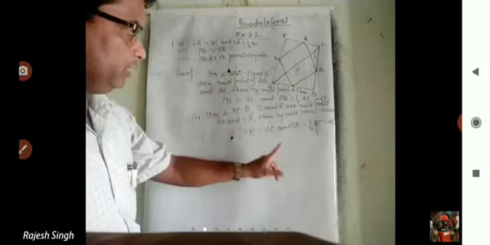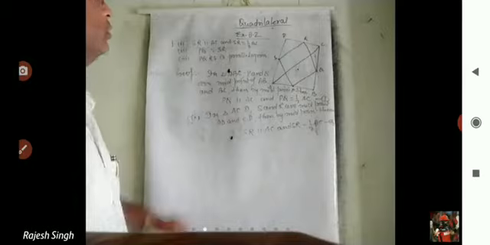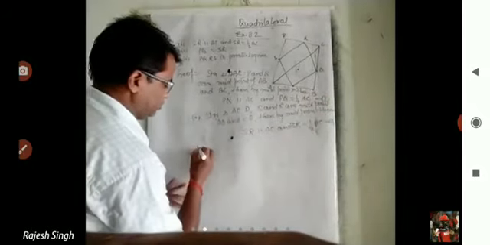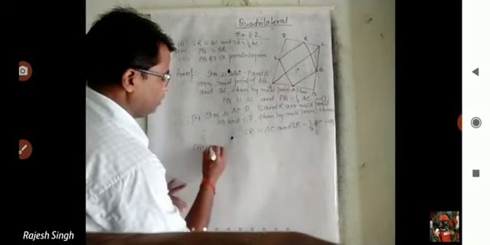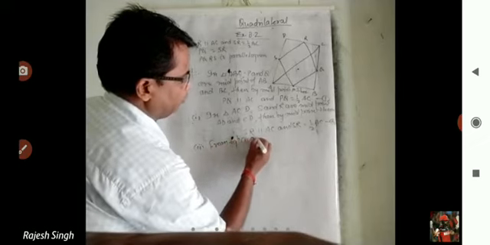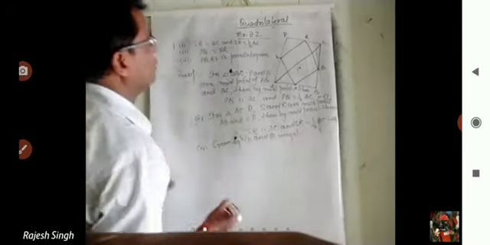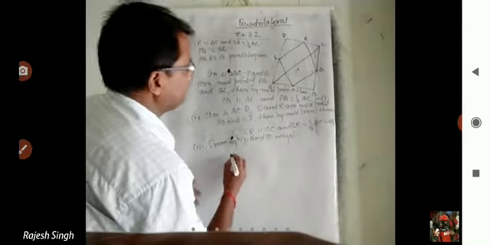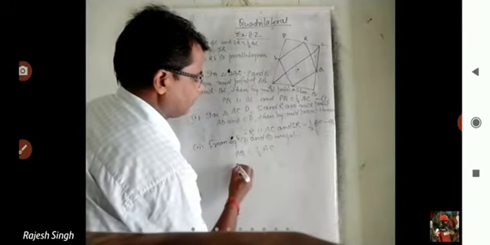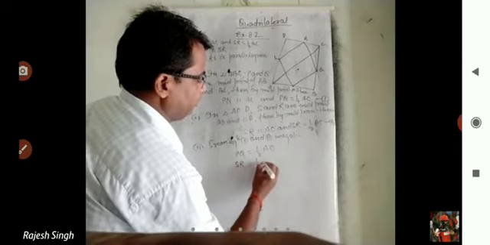Okay. Then you see, this is the first part, and for the second part, here equation number 1 is already calculated. In the second part, from equations 1 and 2, we get PQ is equal to 1 by 2 AC and SR is equal to 1 by 2 AC.